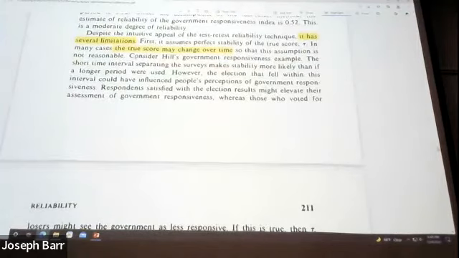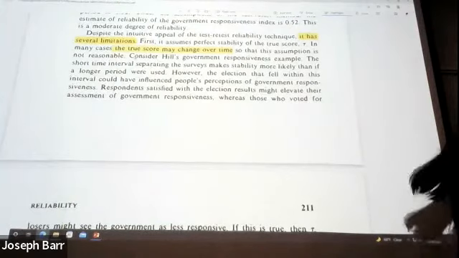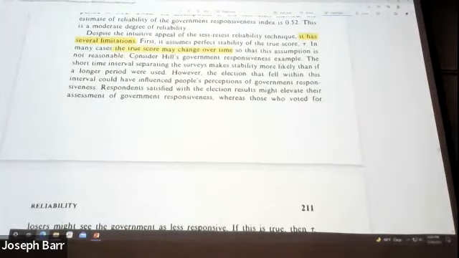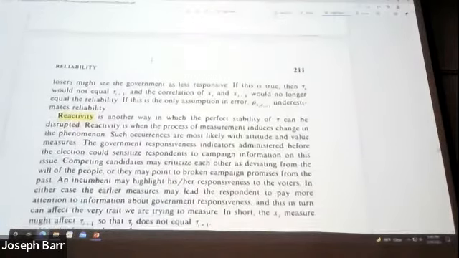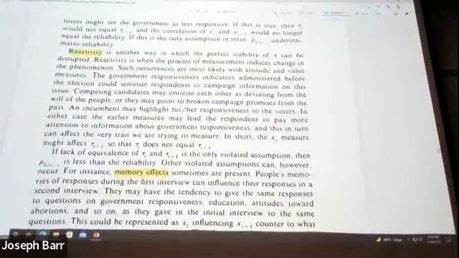For example, the true score may change over time. We assume that T1 and T2, the two time points, are exactly the same, but actually they may be different. Also, the activities may not be the same at different time points.